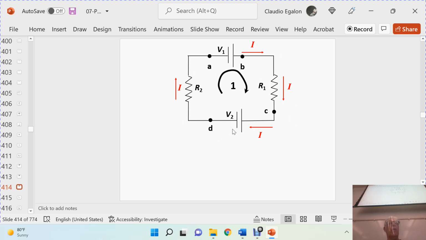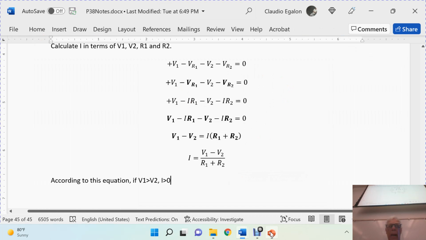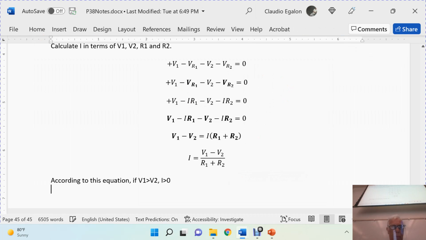That's why I said it doesn't matter which direction you put the current, because if you get the direction correct, you're going to get a positive number. However, if V1 is less than V2, then it implies that the current is negative.